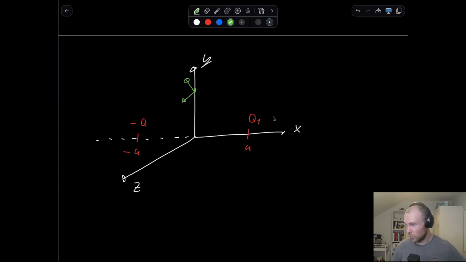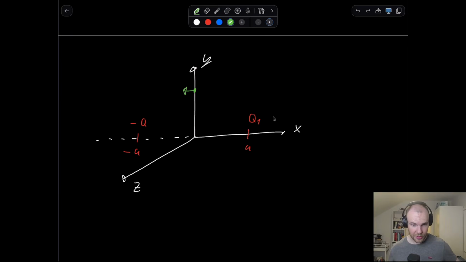And of course, those two components will cancel, so just this component will matter. So the electric field E, some kind of constant, it doesn't matter, is in the minus x hat direction. That is what I intended to say.